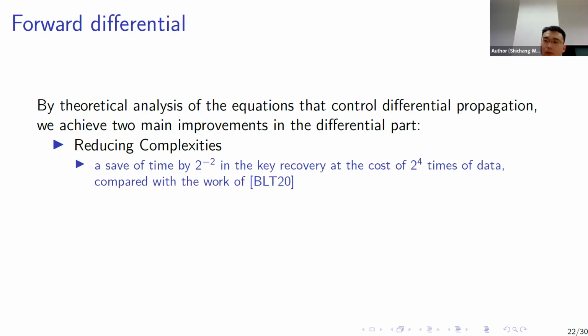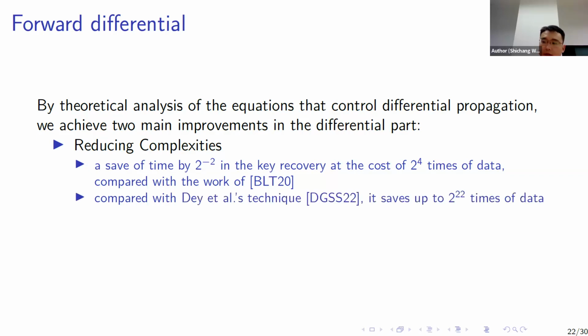One is that we proposed a significant, consistent, efficient way to satisfy the given differential. This treatment leads to a time saving of 2 in the key recovery stage at the cost of 2 to the power of 4 times of data compared with the previous work.